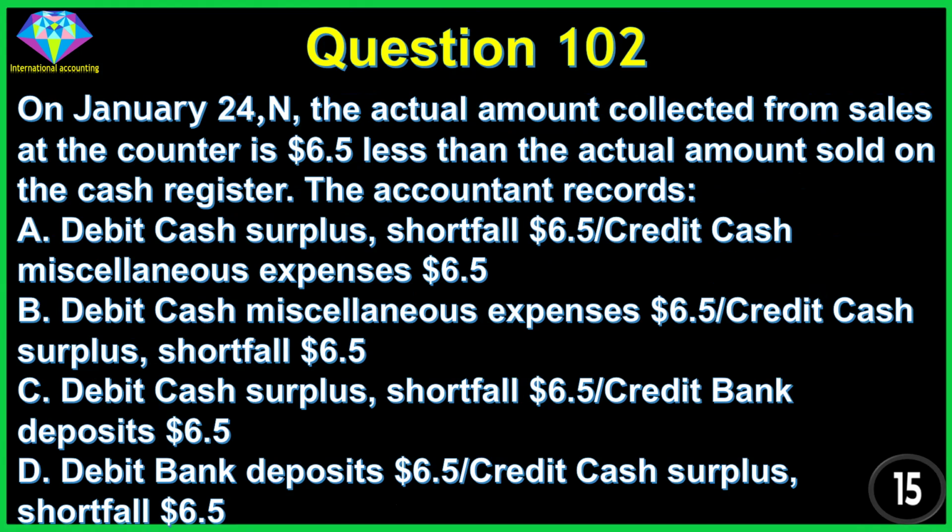B. Debit cash miscellaneous expenses $6.50 per credit cash surplus, shortfall $6.50. C. Debit cash surplus, shortfall $6.50 per credit bank deposits $6.50. D. Debit bank deposits $6.50 per credit cash surplus, shortfall $6.50.